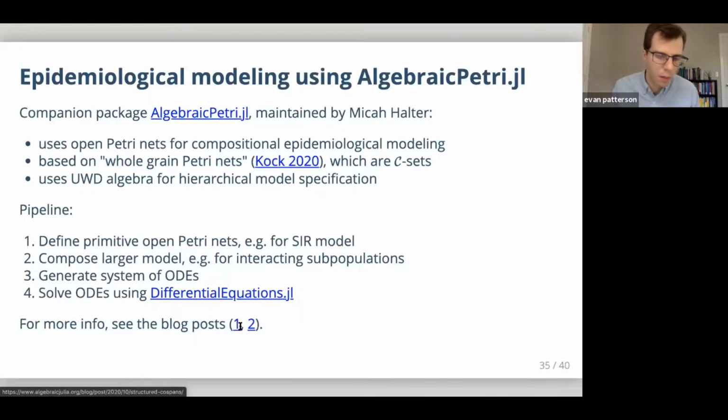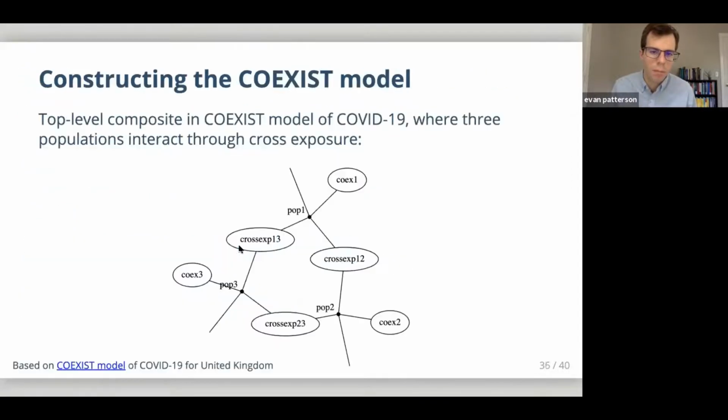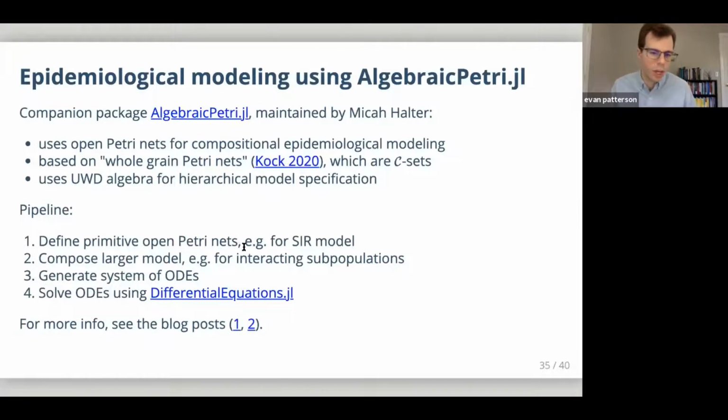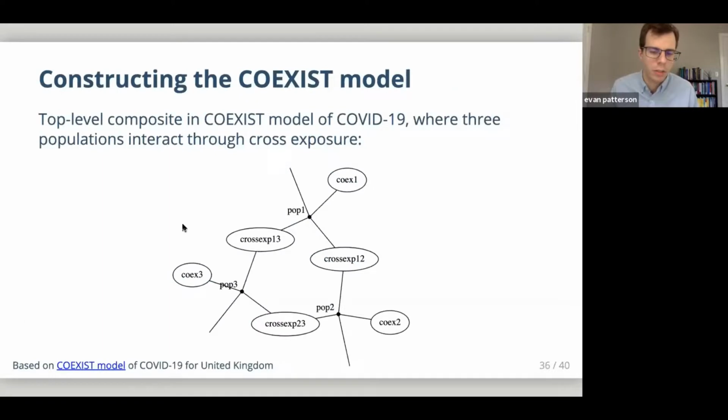For more about this, we actually have a series of blog posts that you can read. But I'm just going to show some pictures to give you a flavor, and if you want more information, you can read there. Okay, so part of what Micah James did is to reproduce part of the CoEpi model of COVID-19 that was developed for the United Kingdom.